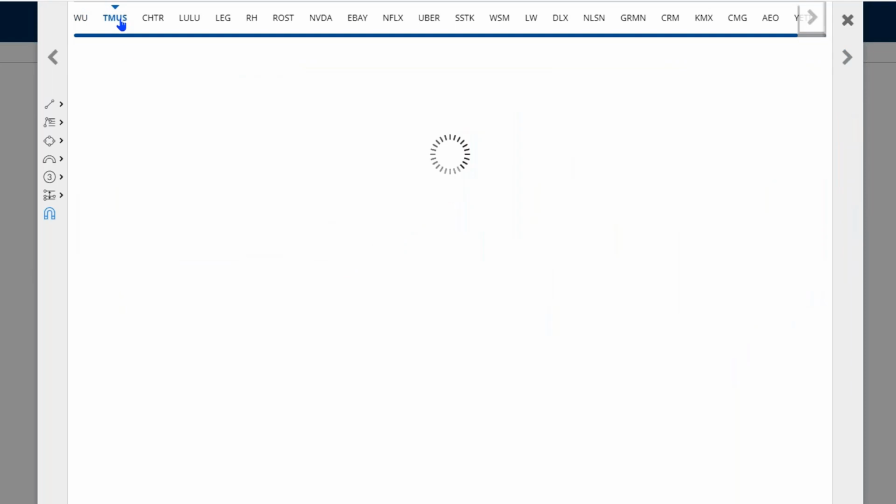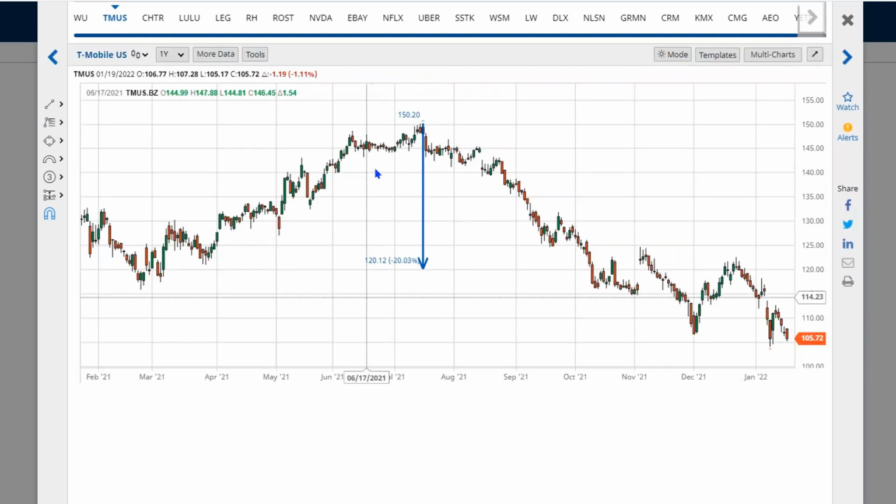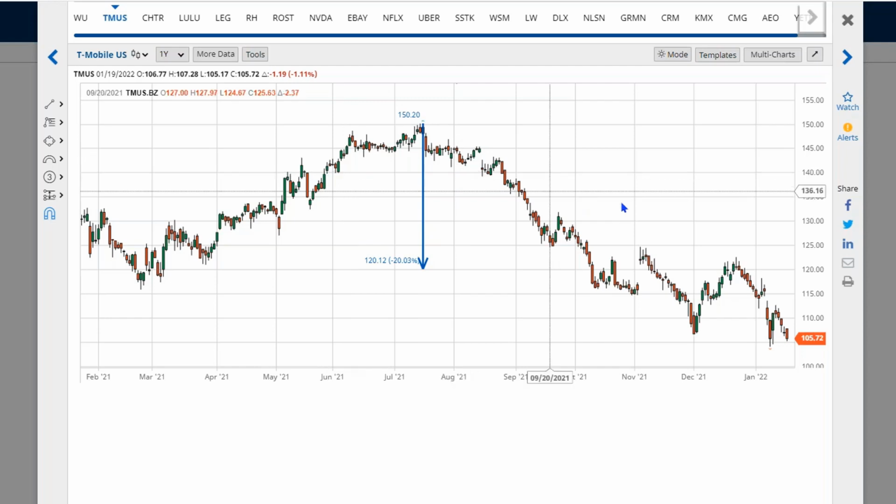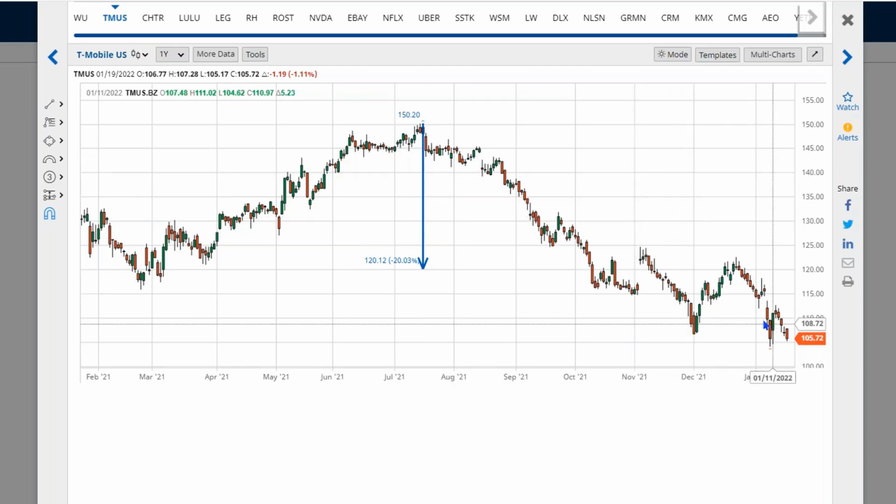This is T-Mobile. Again, distribution here, a little bit of a head and shoulders, maybe not well defined, but you can see once price broke through those most recent lows, we started the trending phase, and maybe we are seeing two capitulations here, or maybe this is just a continuation of our trending phase.